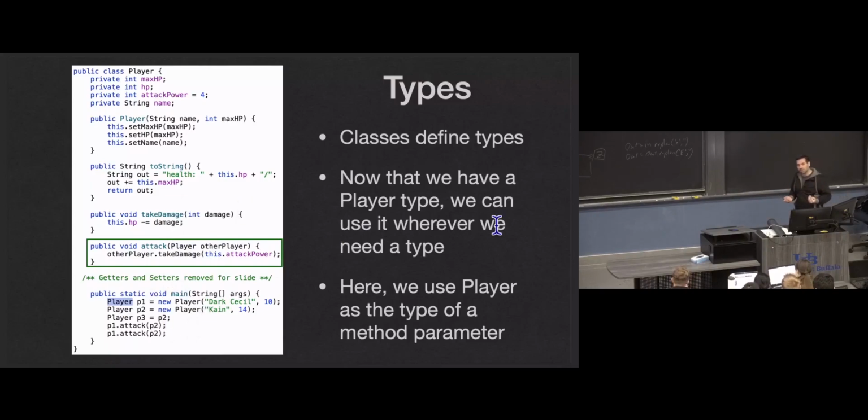I can have an ArrayList of Player. And I'm missing one, return types. I don't have it on screen here, but the return type of a method, wherever I can use a type, I can now put Player once I write this class. Just like ArrayList used to not exist, a team of developers sat down, wrote the ArrayList class, and then we can use ArrayList all over our code. We're defining new types whenever we create a new class.